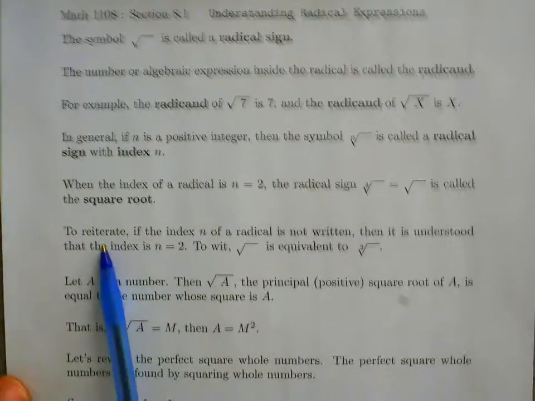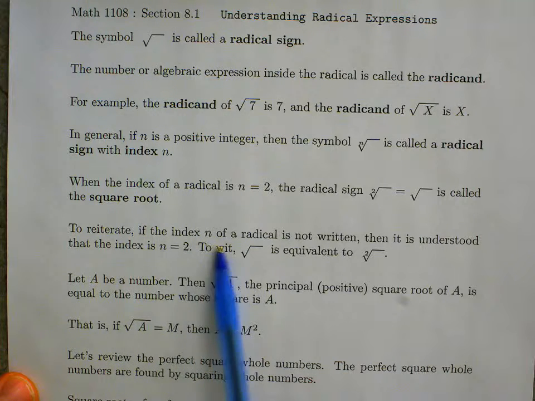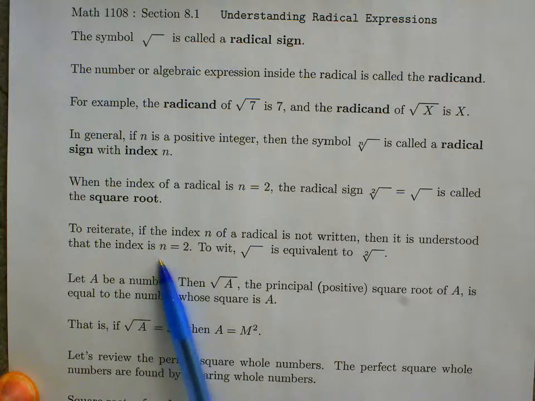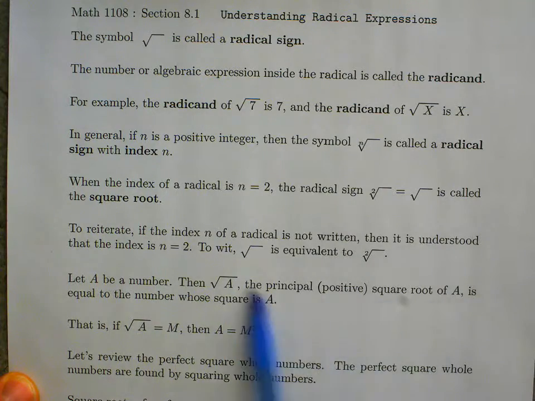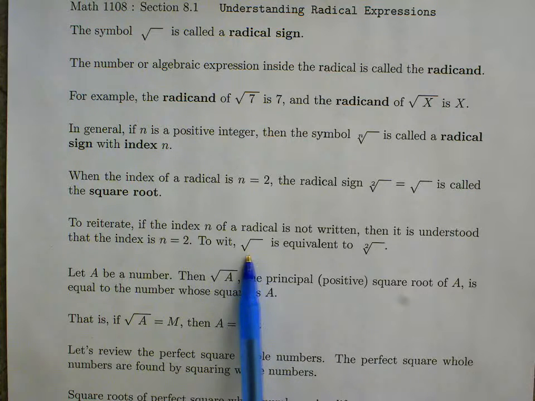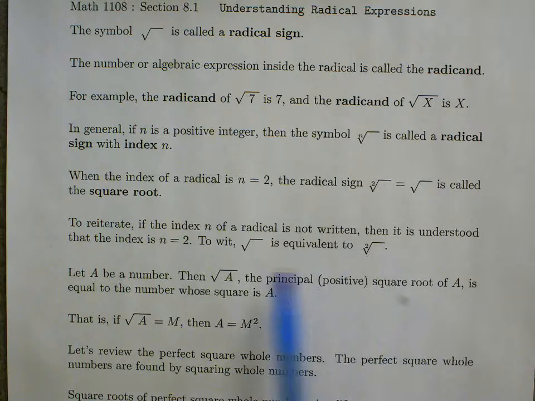So to reiterate, if the index n of a radical is not written, then it is understood that the index is n equals 2. So the radical sign with no index is equivalent to the radical sign with index 2. Each of those means square root.